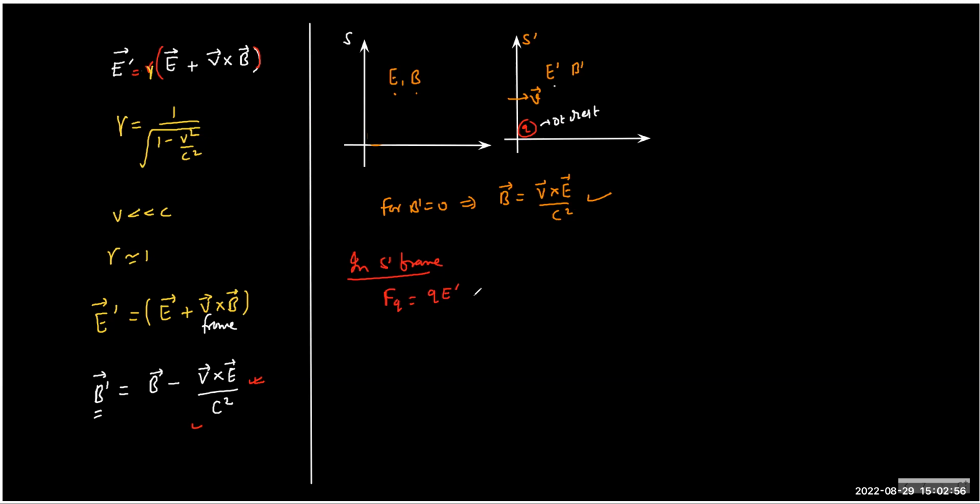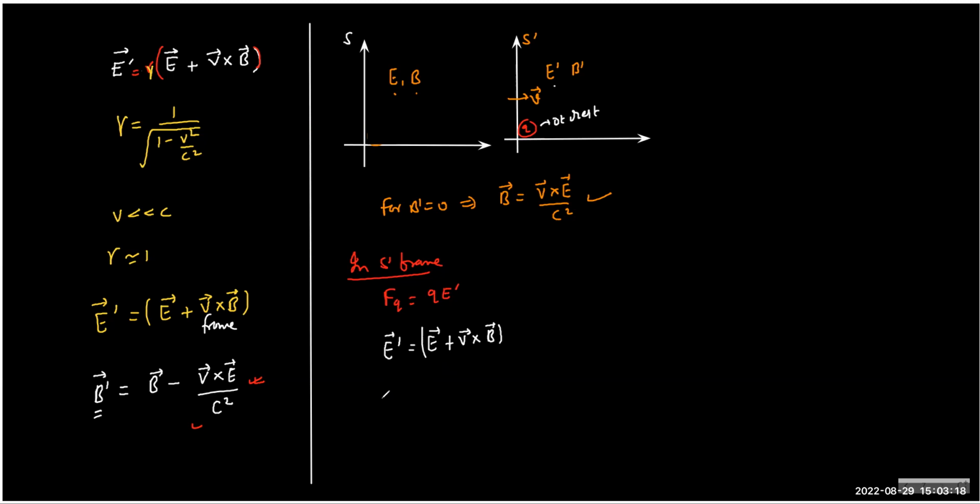And what is E dash, by the way? E dash is E plus V cross B.